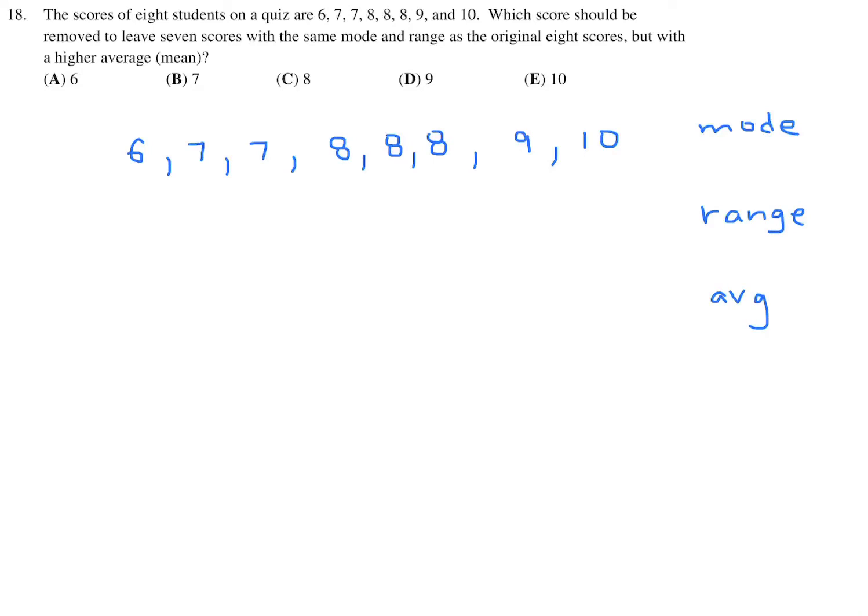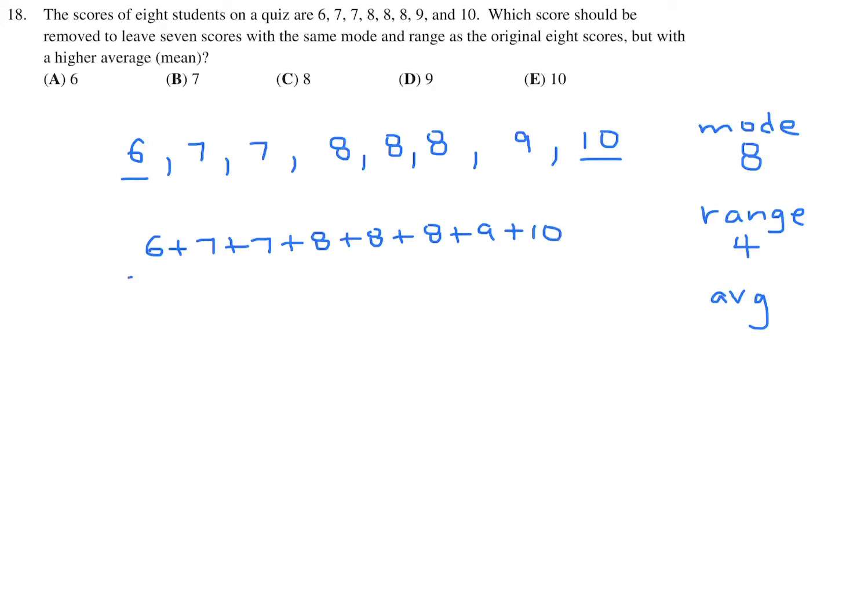Well, the mode is the number that appears the most times, and in this case, that's 8. The range is the difference between the first and the last. That's 4, 10 minus 6. And the average, I've got to add all these numbers up. So 6 plus 7 plus 7 plus 8 plus 8 plus 8 plus 9 plus 10.